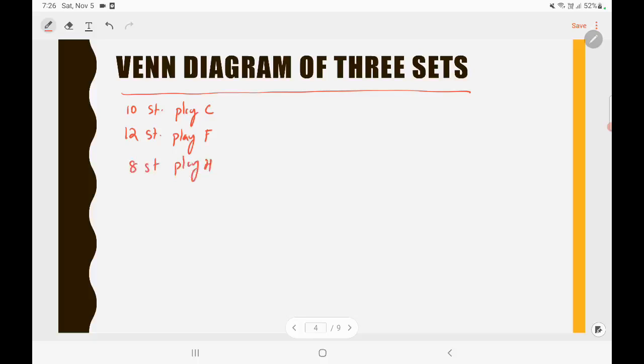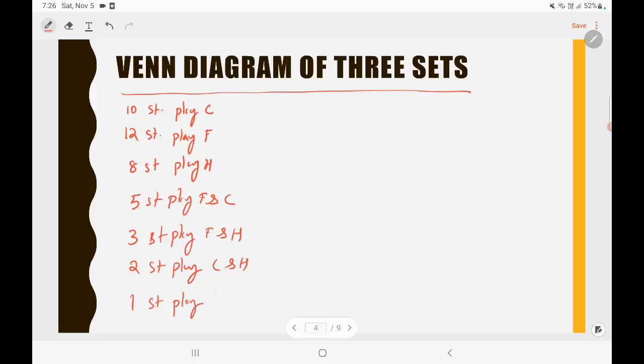Also 5 students play both football and cricket, 3 students play football and hockey, 2 students play cricket and hockey, and 1 student plays all the games, that means football, cricket and hockey. So these are the given set of data.